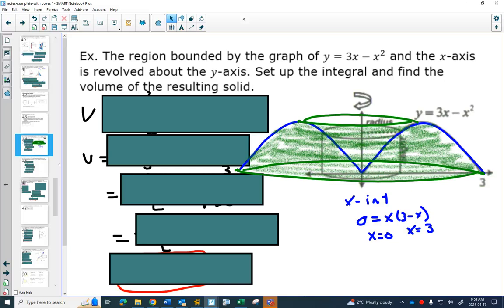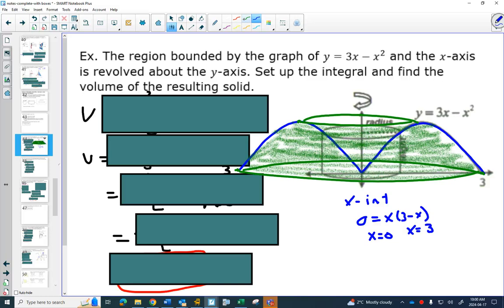This is part of what calculus is getting you to learn in this unit, being able to visualize things in 3 dimensions when you're just given an explanation or a 2-dimensional drawing. If I wanted to do this with the disc method and the washer method, I would have to break it up into 2 parts.